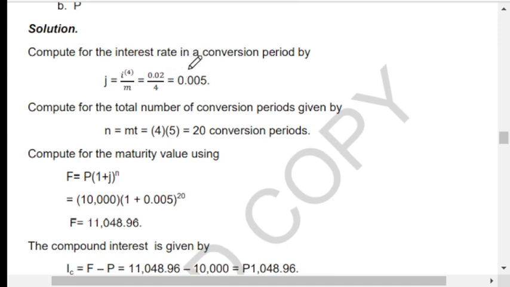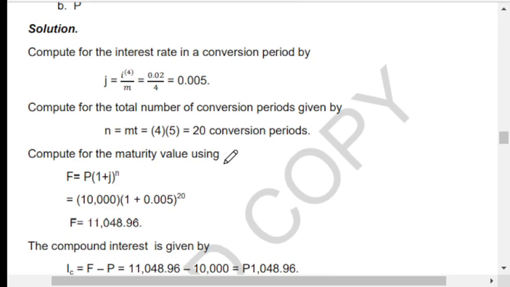So, since our nominal rate is 2% or 0.02, we divide it by 4 because there are 4 conversion periods, since it's quarterly. So 0.02 divided by 4 is 0.005. And then your n is equal to mt. So your m is 4 times 5 years, so therefore we have 20 conversion periods.